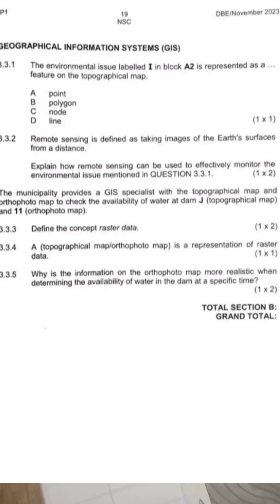So 3.3.5, the final question: why is the information on the orthophoto map more realistic when determining the availability of water in the dam at a specific time?